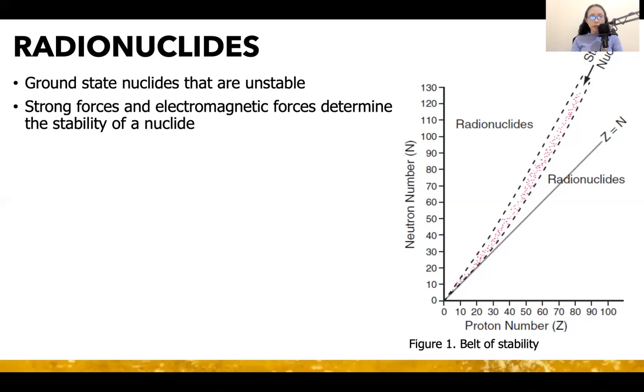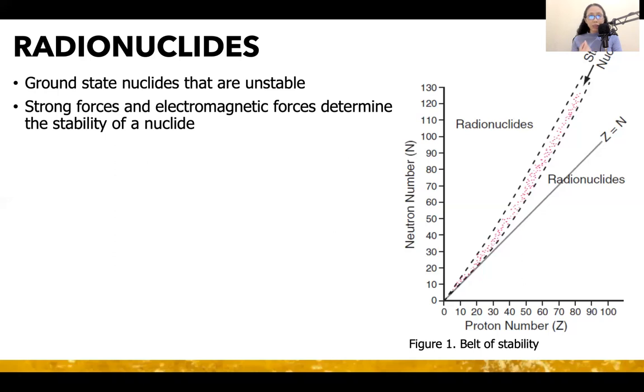They are attractive forces. And there are electromagnetic forces in the nucleus that are repulsive in nature. Why? Because we only have positive charges in the nucleus from the protons.